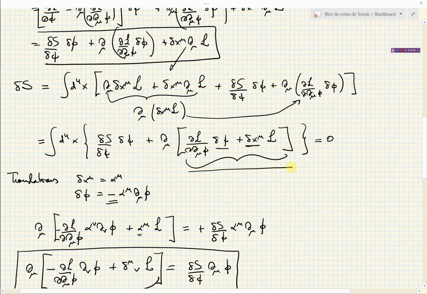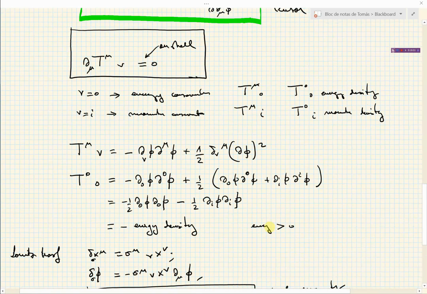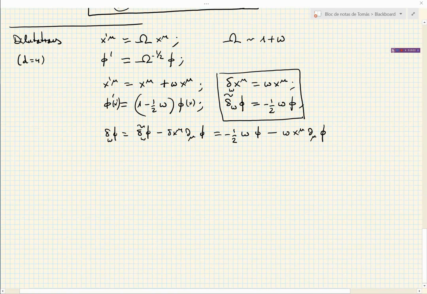Okay, so let's write it. This is delta L over partial mu phi, and then multiplied by delta. So one term is, there is a minus, there is an omega, and there is x mu partial mu phi plus a half of phi, and plus delta x mu.